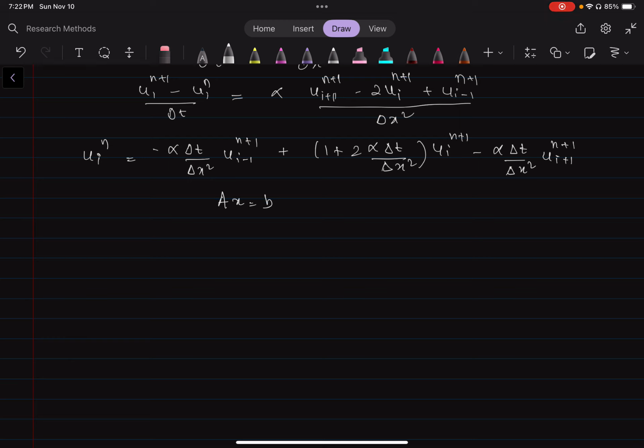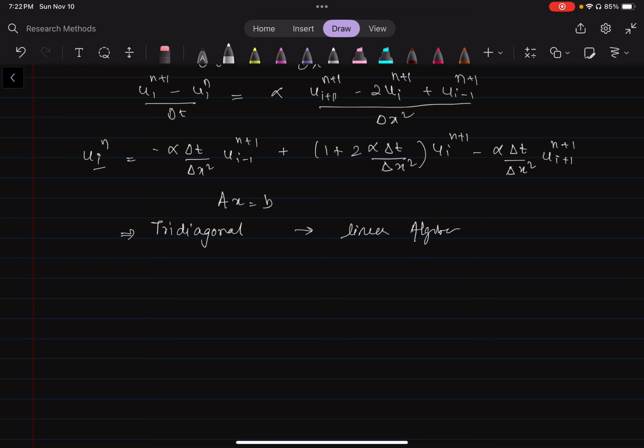And if we try to arrange this over the whole space, for i plus 1 and all the points over the space, this matrix particularly has this property of tridiagonal nature.